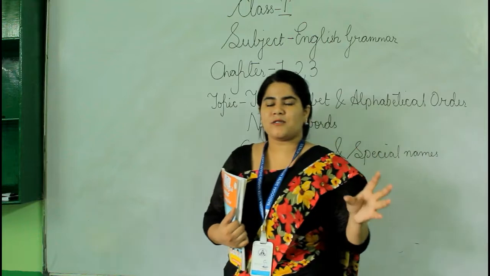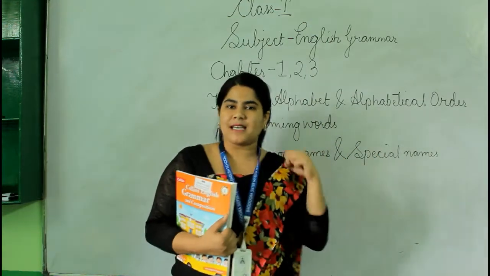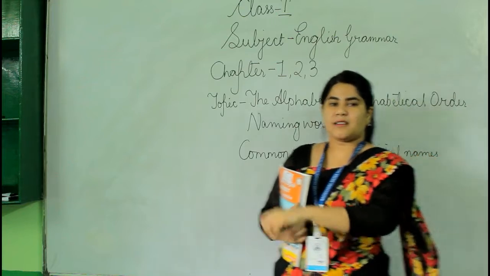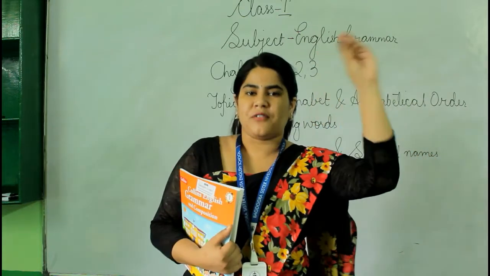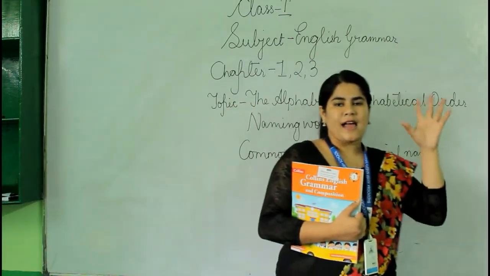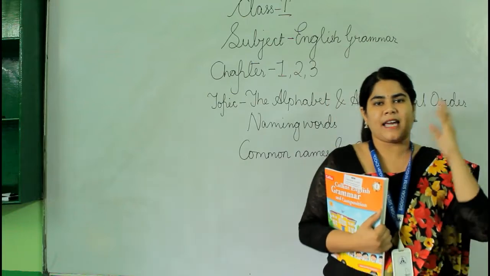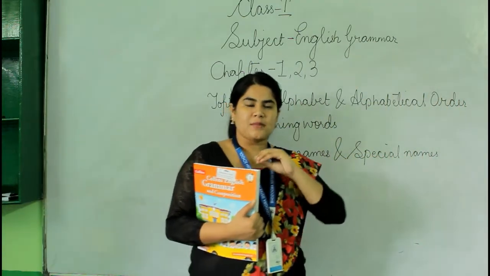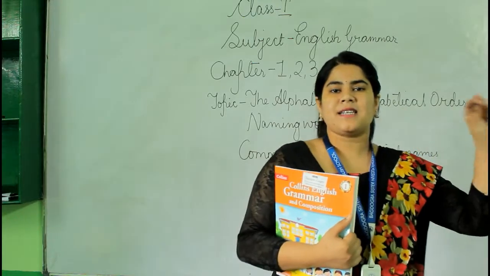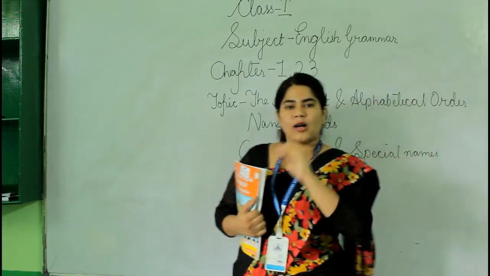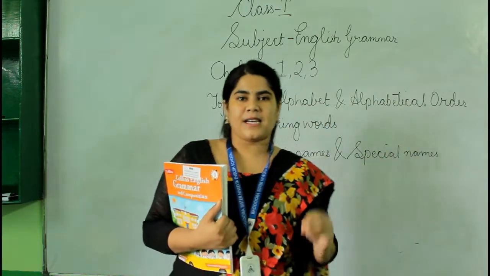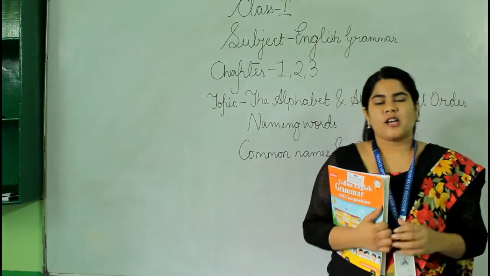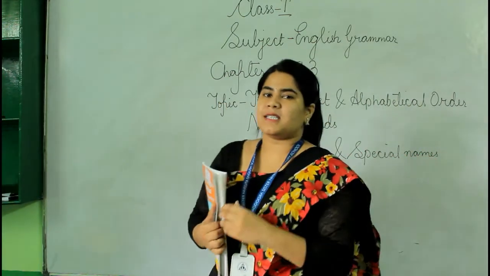Now we can't pick the letters from the middle and throw it in the first one, or we can't pick the letter Z and put it in the first one, right? Because alphabets is in sequence manner, like A, then after B, then C, D, in this way. So we can't pick any letters and we can't place it anywhere. All the letters in English alphabet have their own place. Okay, so that's what is alphabetical order.